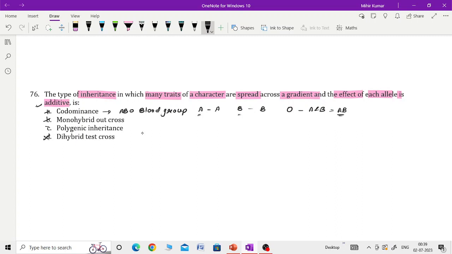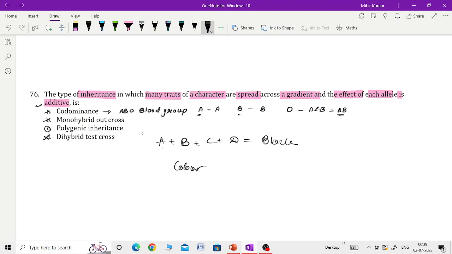Well, polygenic inheritance means one character is decoded by multiple genes. When one character is controlled by many genes, then that type of inheritance is known as polygenic inheritance. For example, color is controlled by A, B, C, D, and if A plus B plus C plus D, then the color is black.